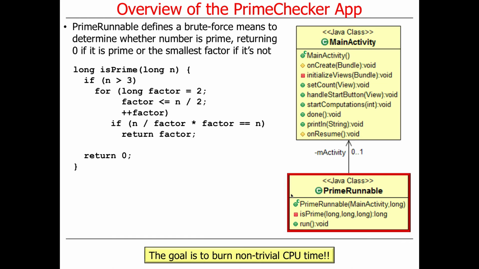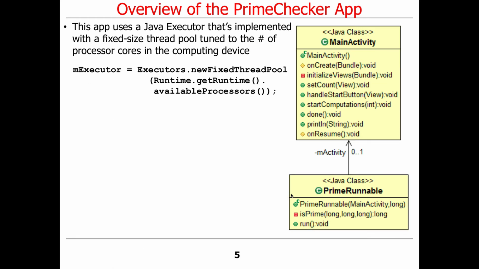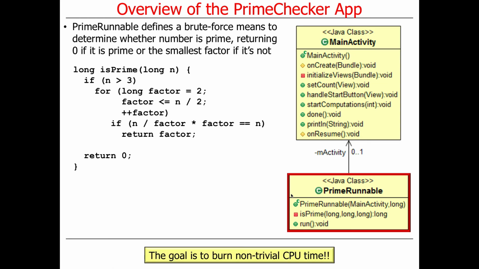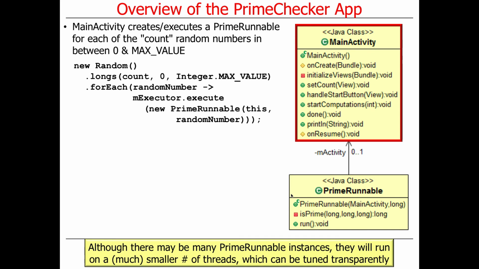Executor. Remember, we set executor over here to be the fixed thread pool. We're going to say executor.execute, and we're going to make a new PrimeRunnable, passing in this and the random number that we want to check to see if it's prime or not. So the way to think about this is, let's say, for the sake of argument, we want to do prime number calculations for 25 prime numbers or 100 prime numbers or whatnot, randomly generated.